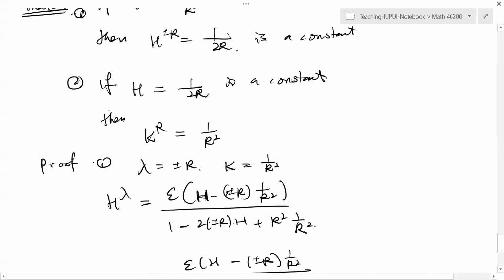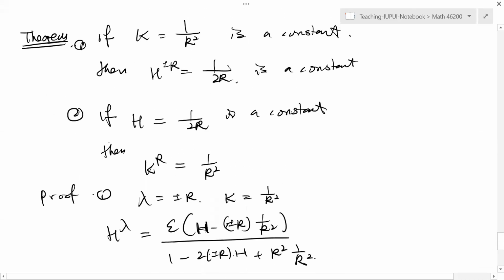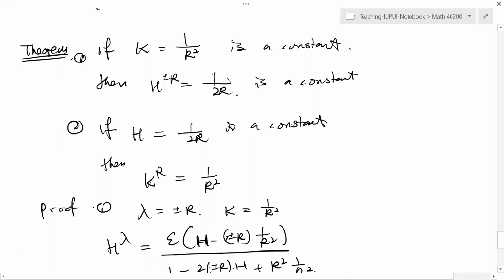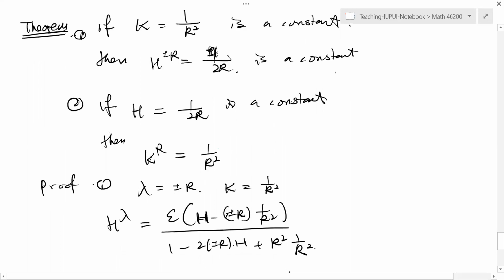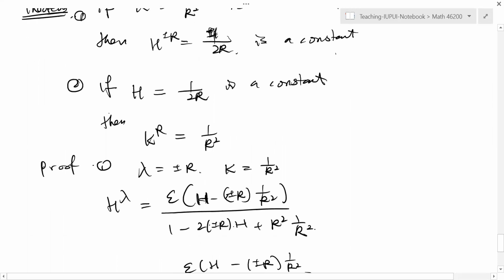So it depends on the sign. So actually we got more than that. This depends on the sign, so this could be plus minus 1. All right.